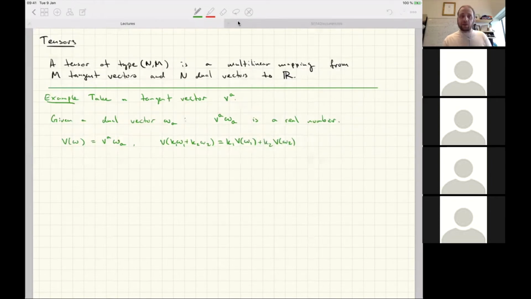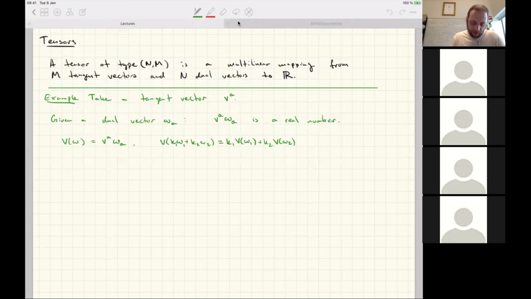So this is linear in the argument omega. So this vector with components V^a can be seen as a map from dual vectors. It takes one dual vector as its argument, and it maps it to a real number. So it maps one dual vector and 0 tangent vectors to a real number.